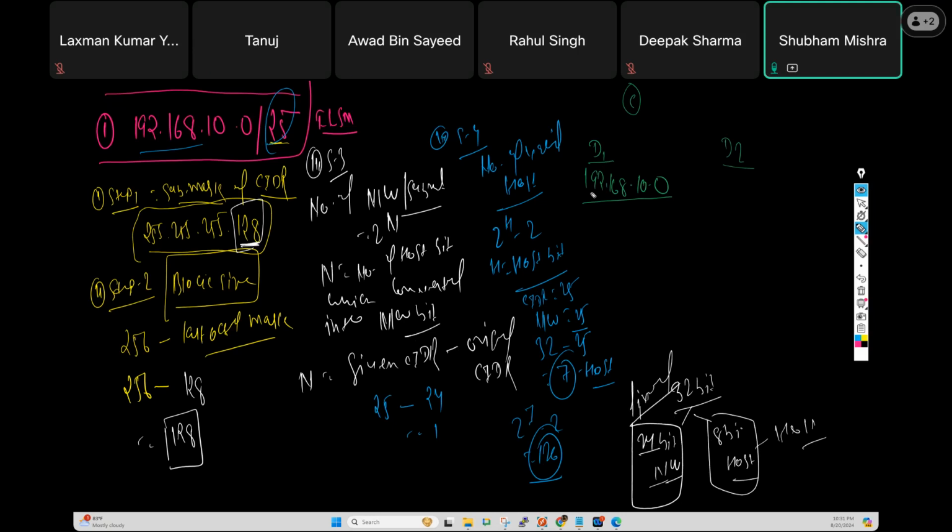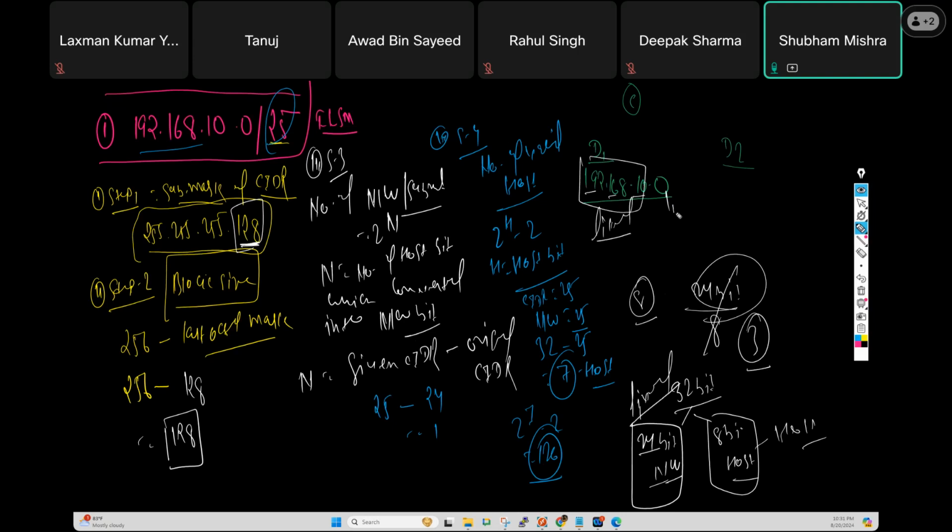So similarly, guys, if anyone asks you, 24 bit means how many octets? In 1 octet there are 8 bits, right? So 24 bits means 24 divided by 8. Total how many octets? 3 octets. It means first octet, second octet, third octet. These 3 octets are fixed. Here you can't change anything.